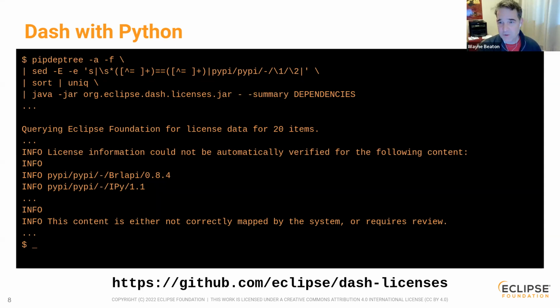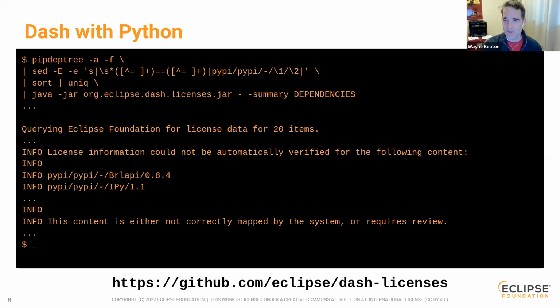I decided to show some examples with Python primarily because I've gotten a few requests for Python over the last couple of days, and they're kind of fresh in my brain. The first thing you need to know about Dash license tool and Python is the Dash license tool has no idea about Python. It doesn't know anything about Python dependencies. It's written in Java.